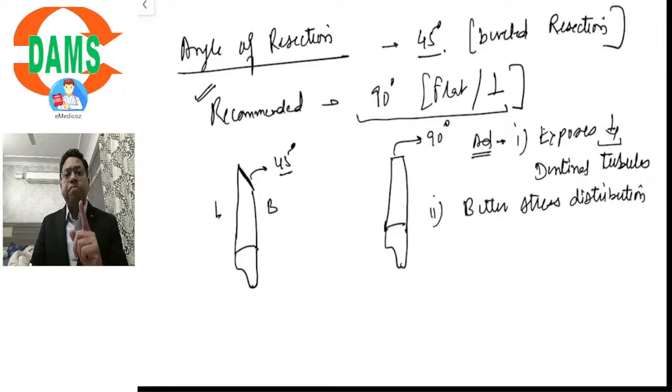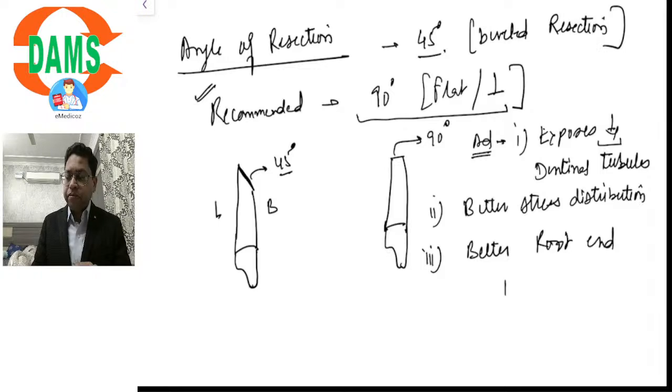Okay, the root tips are thin, and if we do an oblique resection, there are likely that the root would fracture as compared to a flat resection. And thirdly, it achieves a better root end preparation. Isn't it?